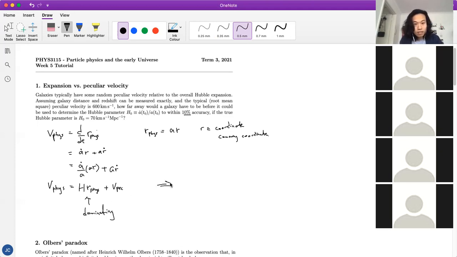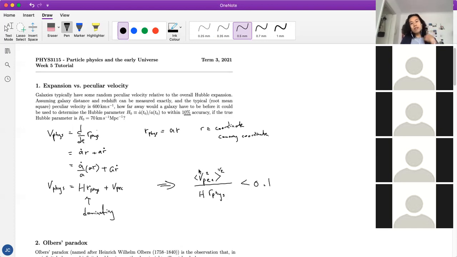So this is equivalent to saying if the RMS peculiar velocity divided by H r_phys is less than 0.1.